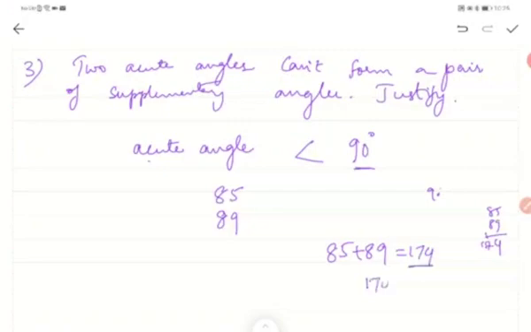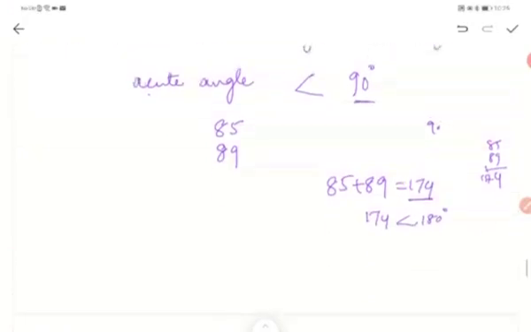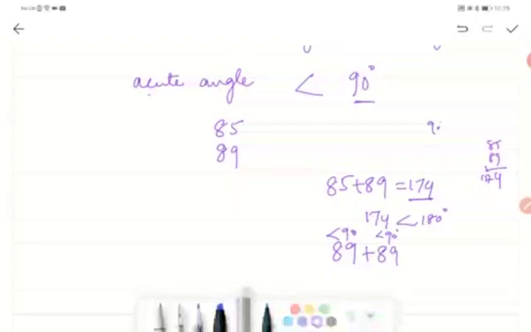This 174 is less than 180 degrees, isn't it? Suppose you take both as 89 and 89, because an acute angle is less than 90 degrees. If I take both the angles as 89, 89, how much will you get?